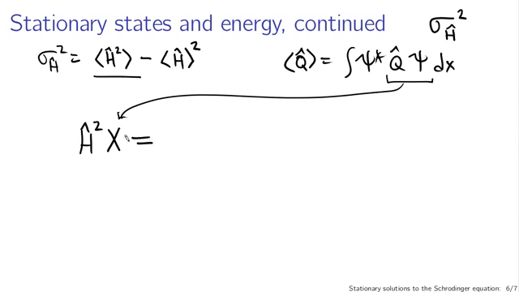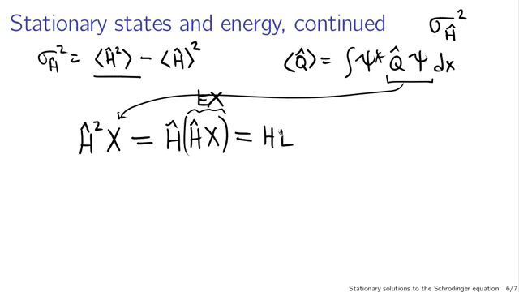Now H hat squared times the spatial part psi is H hat acting on H hat acting on psi. It's the definition of squaring an operator: you just apply the operator twice. As before, H hat acting on psi is E times psi, since psi satisfies the time-independent Schrodinger equation.